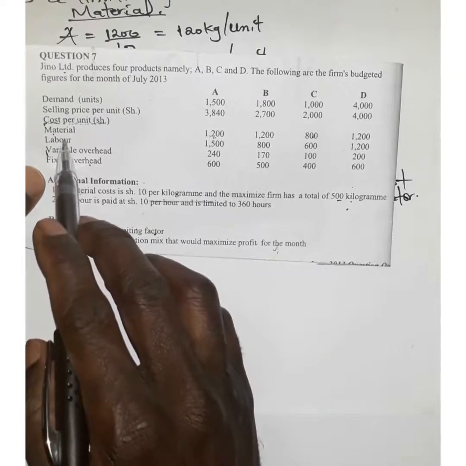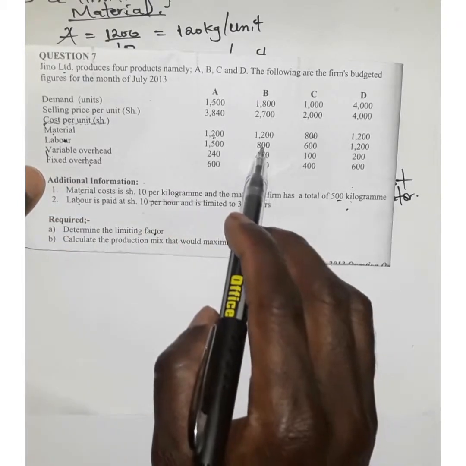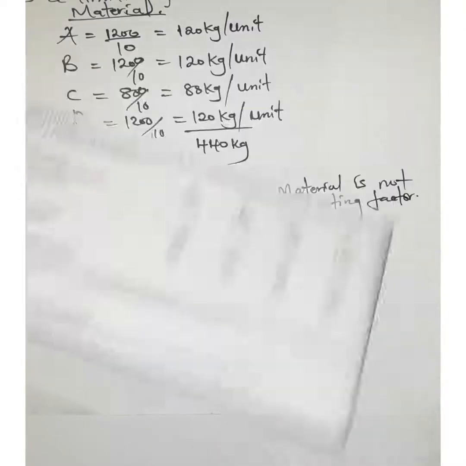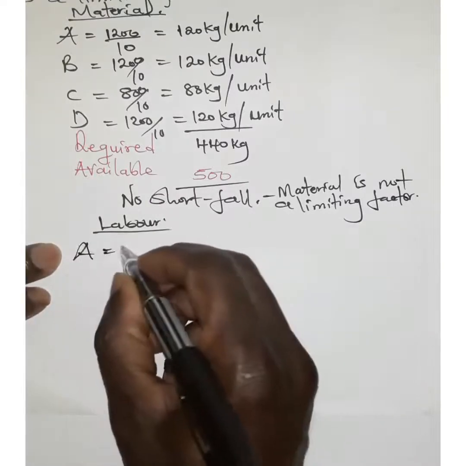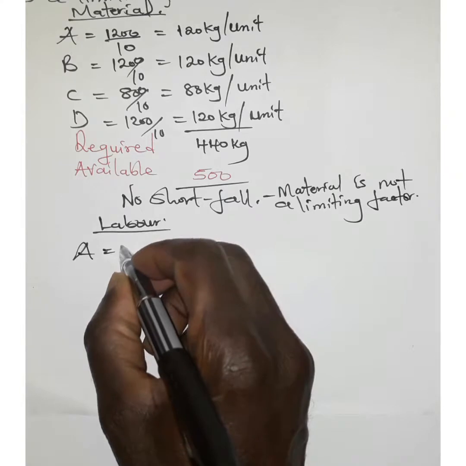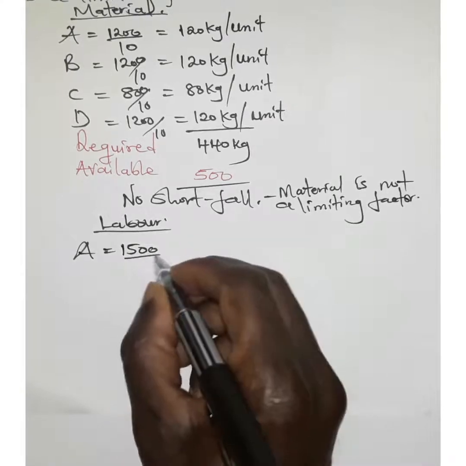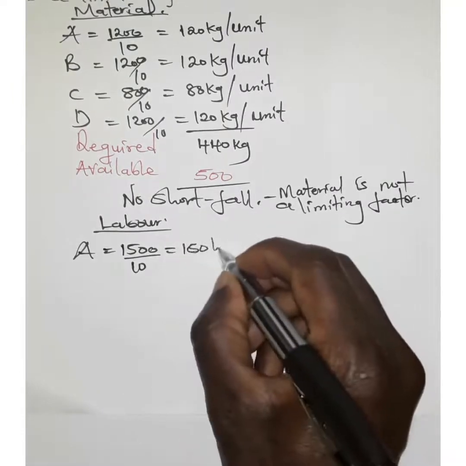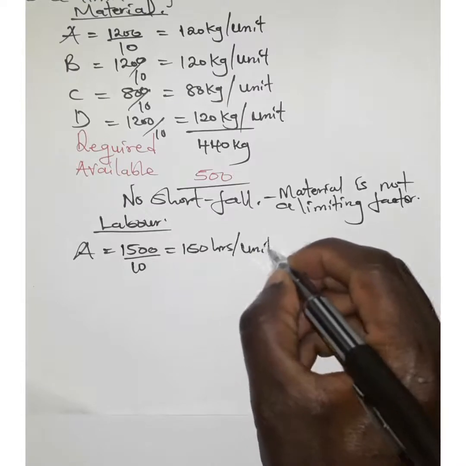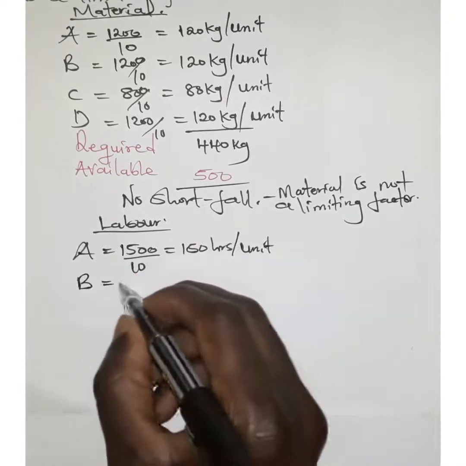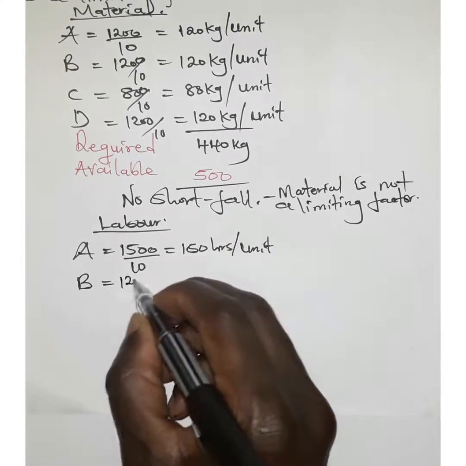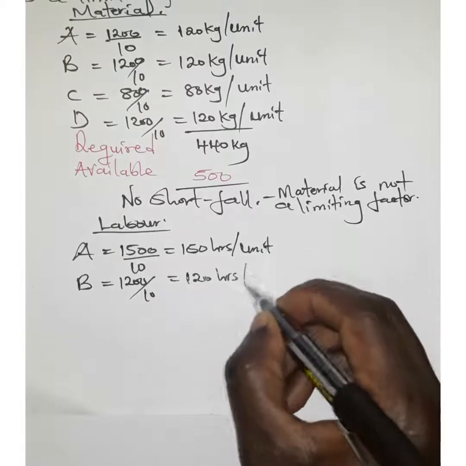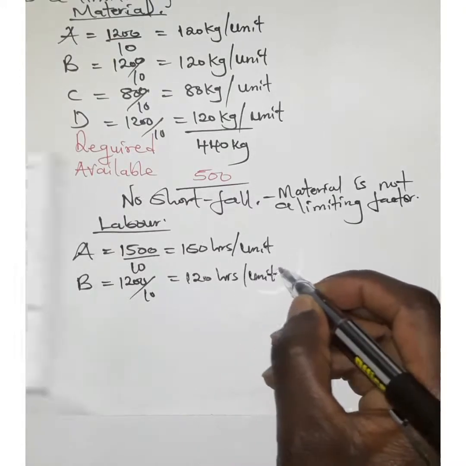Again, under labor, we have 1500 for A, 1200 for B, 800 for C, 600 for D... For A, we have 1500 over 10, and we get a value of 150 hours per unit. For B, 1200 over 10, we get 120 hours per unit.